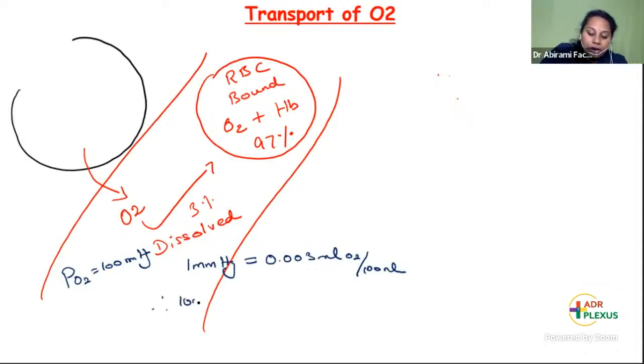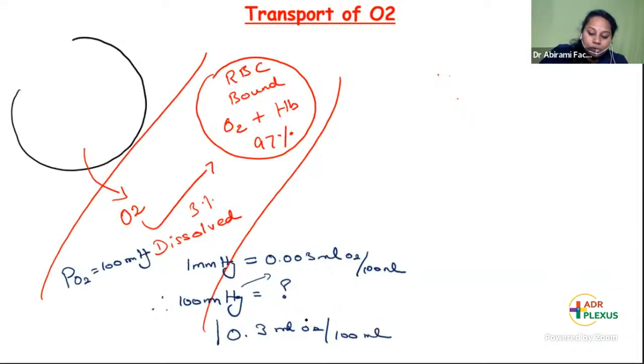Therefore, 100 millimeters of mercury is contributed by how much of this dissolved form? So simple, 100 into 0.003. So this will come up to 0.3 ml of oxygen per 100 ml of blood.